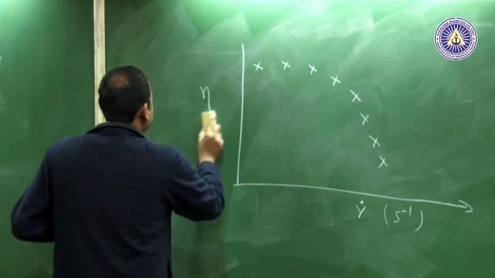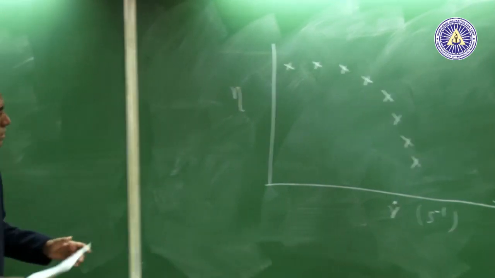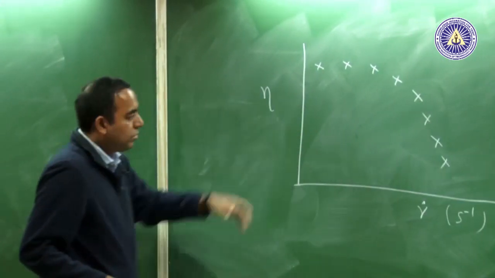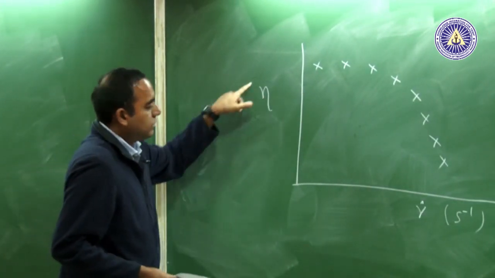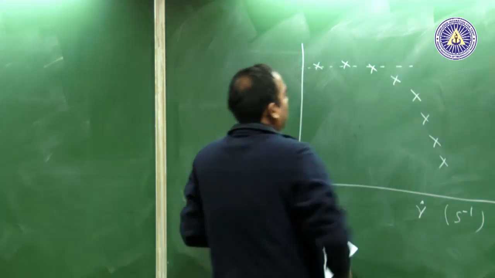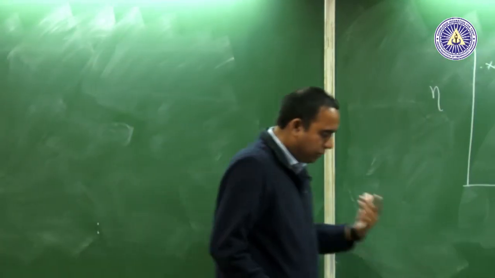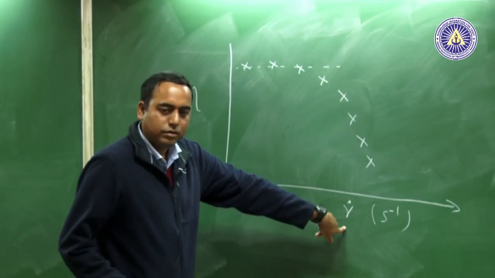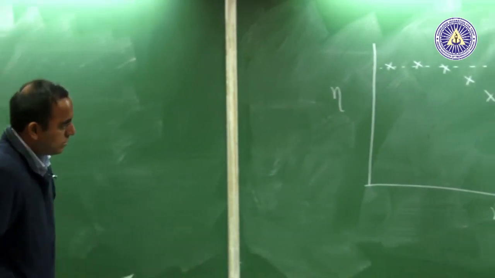I will still not talk about psi 1. These are the typical trends that you obtain from a steady shear experiment for the steady shear viscosity of typical polymeric liquids. Notice that there is a part where the viscosity is constant. If it were a Newtonian fluid, viscosity would be constant no matter what gamma dot is on the x axis.